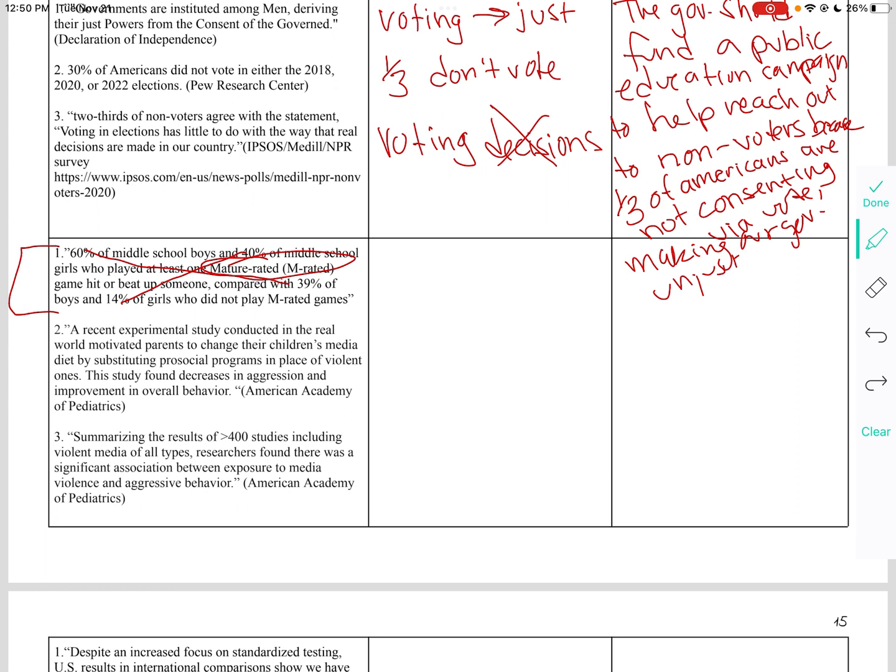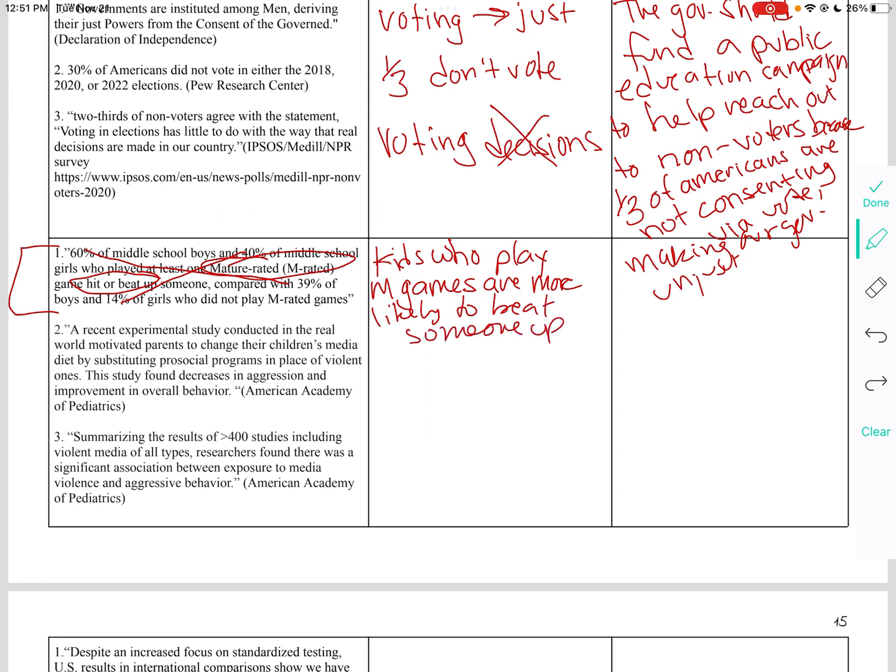That's the main idea. We're talking about kids who hit or beat up someone. So kids who play M games, mature games, are more likely to beat someone up.